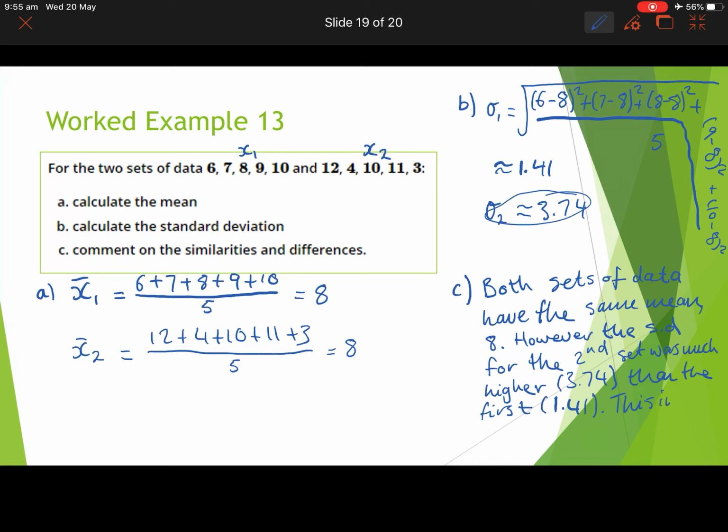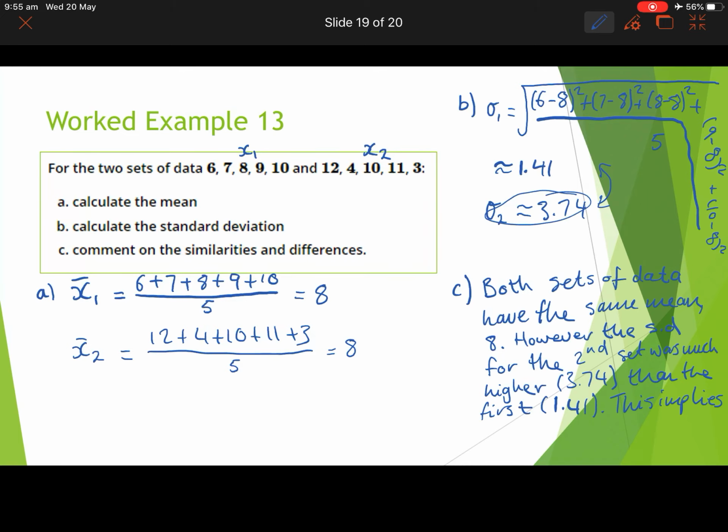This implies, okay, so let's just hang on a second. The difference between, so standard deviation, that's the spread, or the average spread, in between each data set, okay?